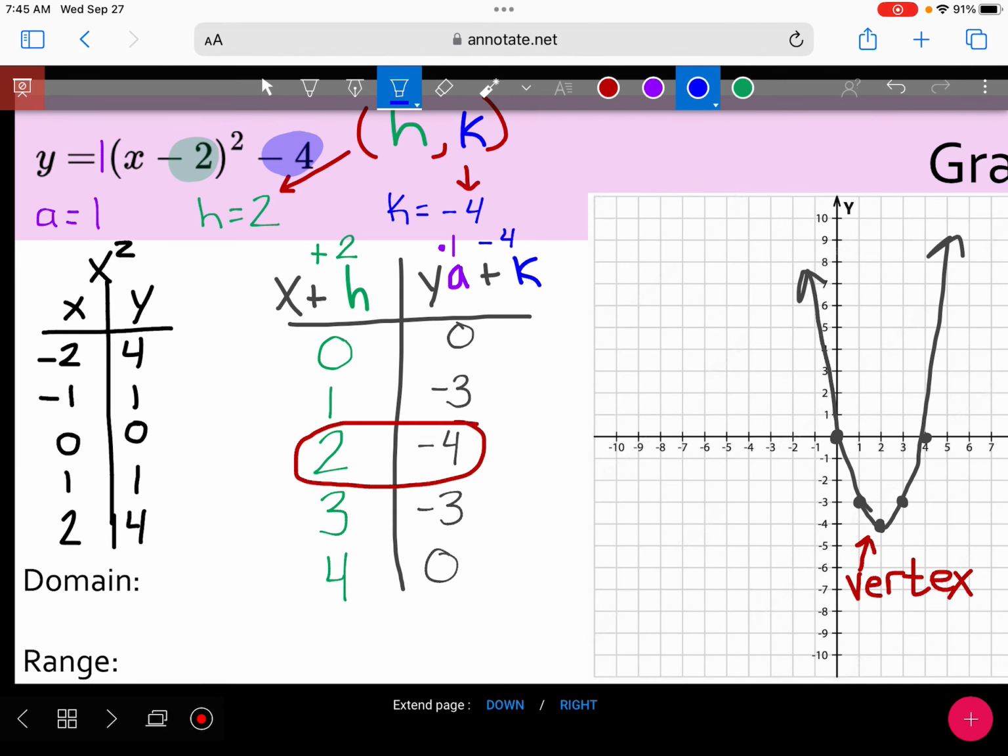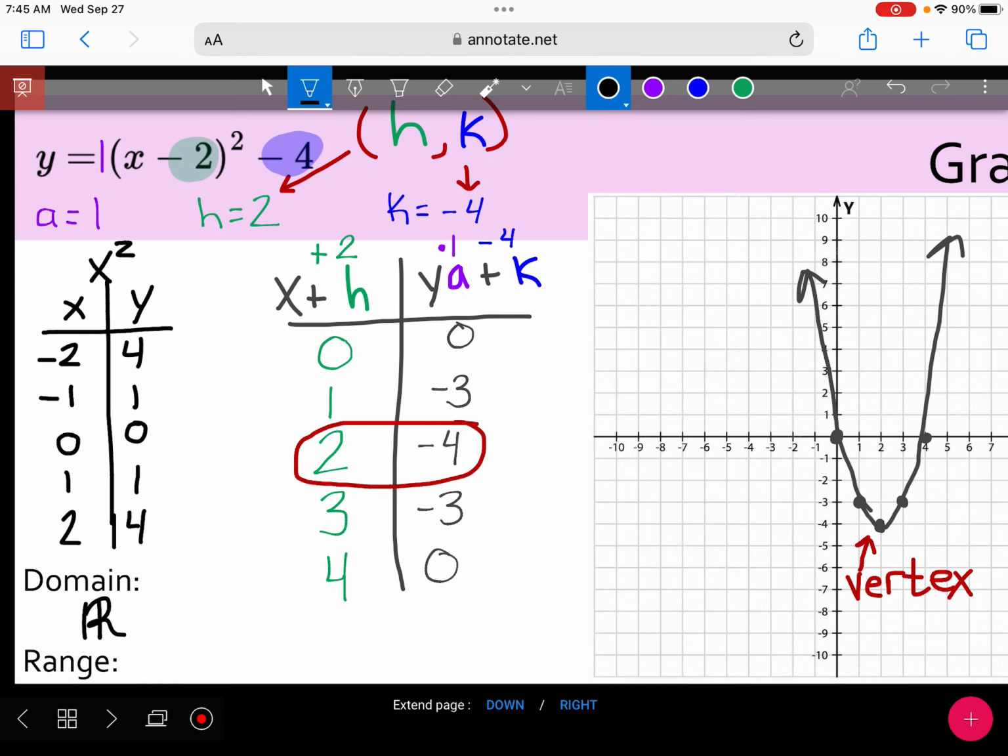So then let's think about our domain. What's our domain for a parabola? All real numbers. And that's true for all parabolas. Our domain is always going to be all real numbers.